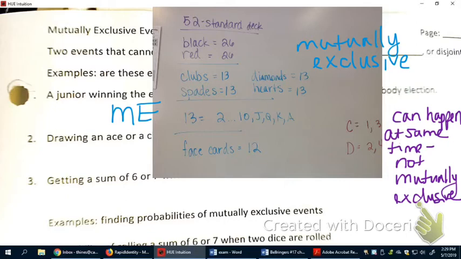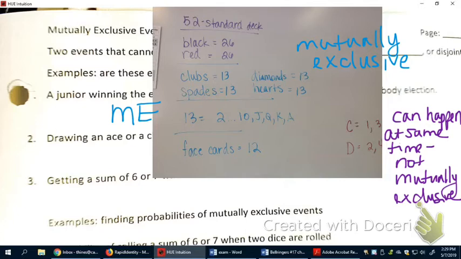Face cards are cards that have a face on them: Jack, Queen, and King. Those 3 cards have faces, and each suit has one, so there's 12 of those. You're going to need those cards at some point. If you don't know anything about cards, you might want to write it down.